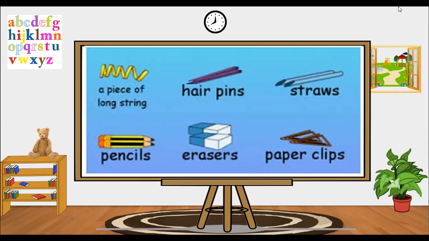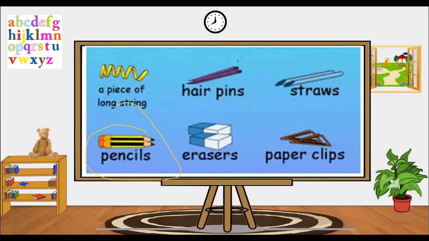Okay, so these are the objects that we use in measuring things. This is non-standard, okay? For example, if you're going to measure your book using a pencil, you can say the length of my book is 4 pencils. Okay, so that's how you are going to say the length of an object.